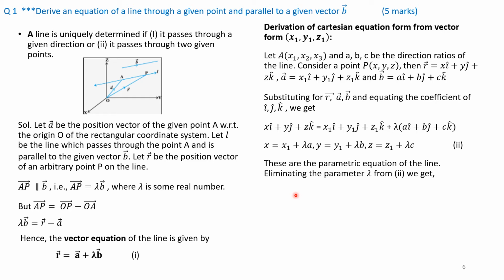Or, by taking the direction cosines, we get x minus x1 over l is equal to y minus y1 over m and z minus z1 over n, where l, m and n are direction cosines.